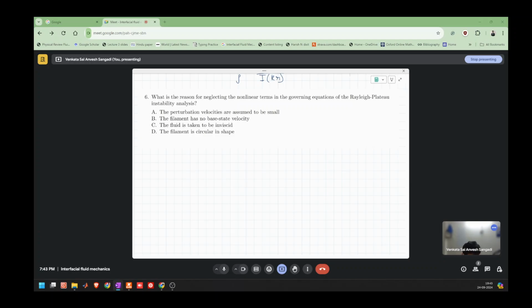So now in the next question we have: what is the reason for neglecting the non-linear terms in the governing equation of the Rayleigh-Plateau instability?